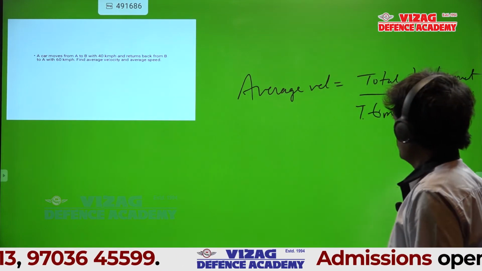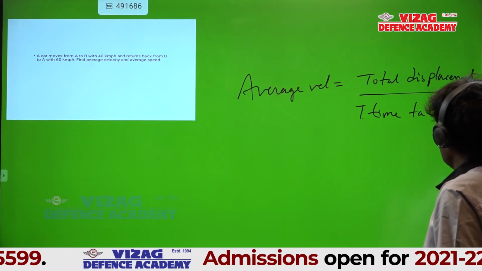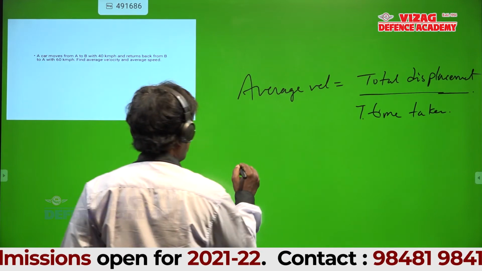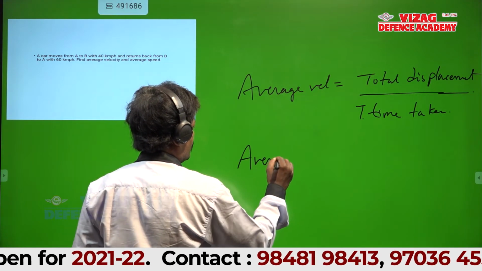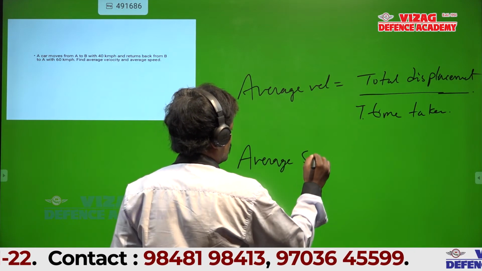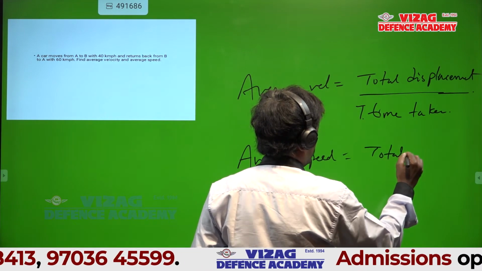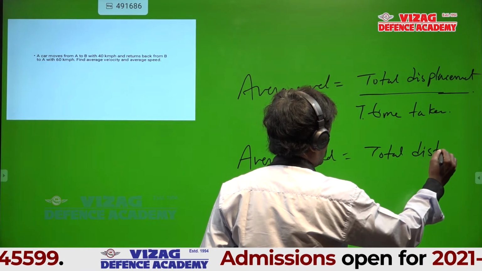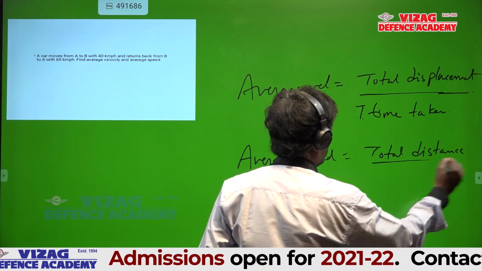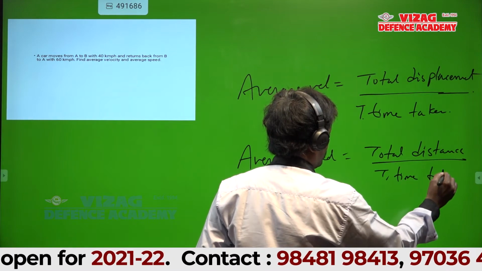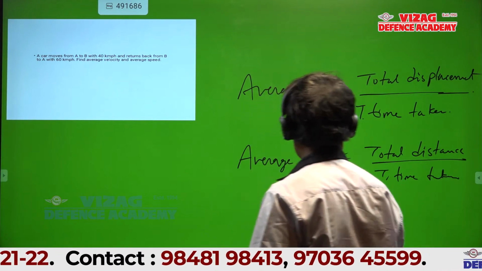Come back here. Average velocity is total displacement by total time taken. Now, if you take average speed, average speed is total distance by total time taken. This is the average speed.